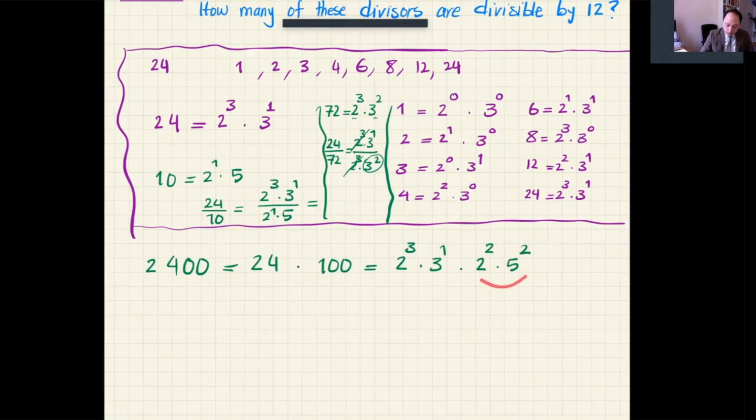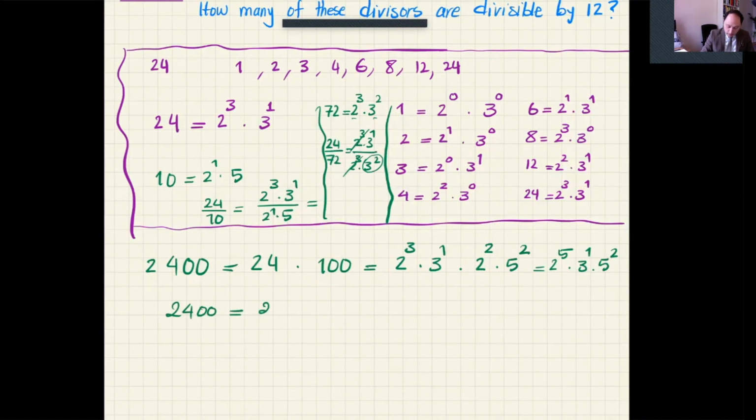But 2 to power 2 and 2 to power 3 can be combined, so this becomes 2 to power 5 times 3 to power 1 times 5 to power 2. So this is the factorization of 2400.